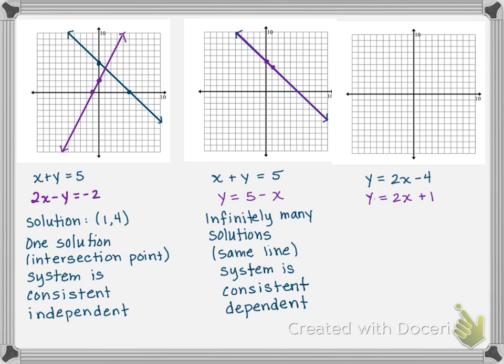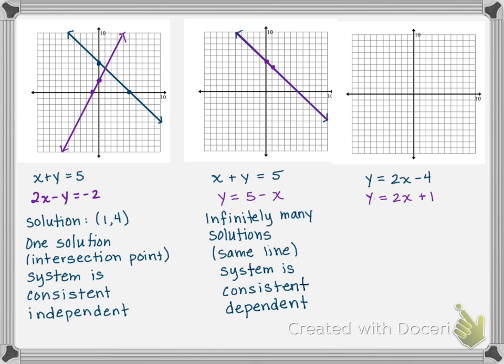So you can think of it as like whether or not an ordered pair is a solution to the first equation depends on if it's a solution to the second, right? Like any solution to one is a solution to the other, so they're dependent on one another.